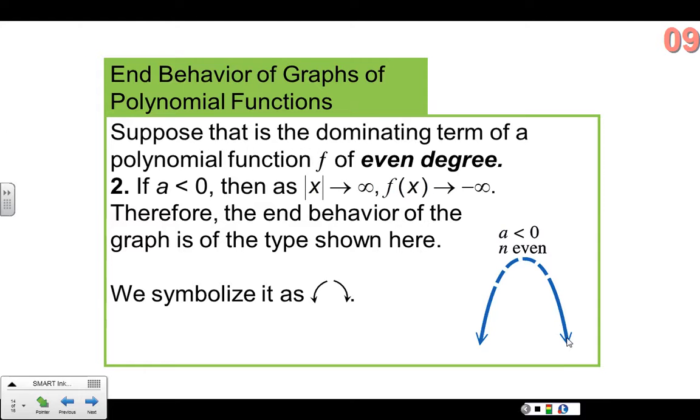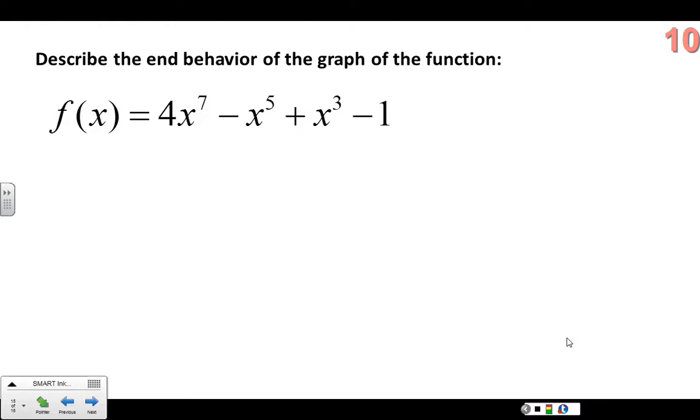So let's talk about a couple of functions and decide what type of end behavior the function would have if we graphed it. Describe the end behavior of the graph of the function. So my leading term is x to the 7th. Since the coefficient is positive, and I have an odd degree, it's going to be like the x cubed function.